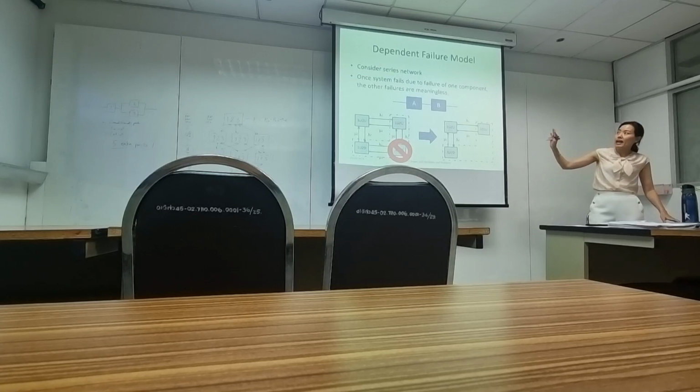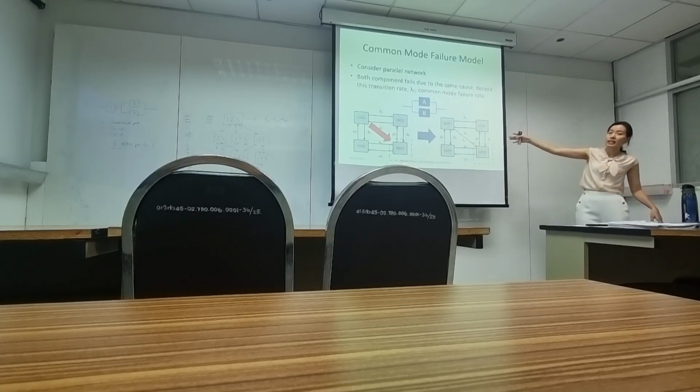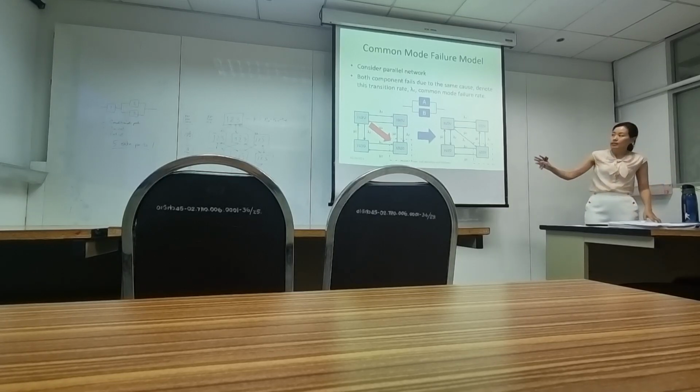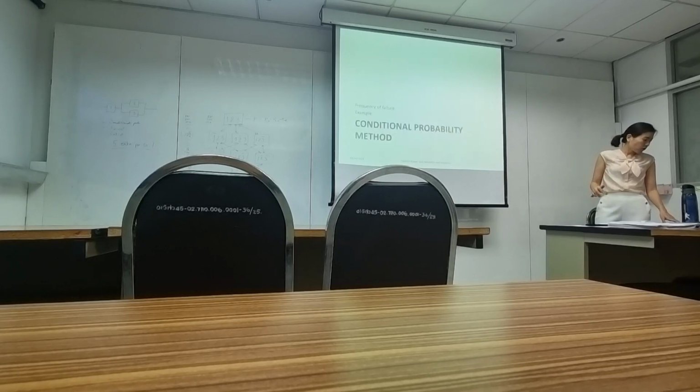When we have this kind of dependent failure modes, or the common mode failures, what we need to do is go back to the most basic and always accurate approach, which is the state space approach. That's how we can solve for the probability.